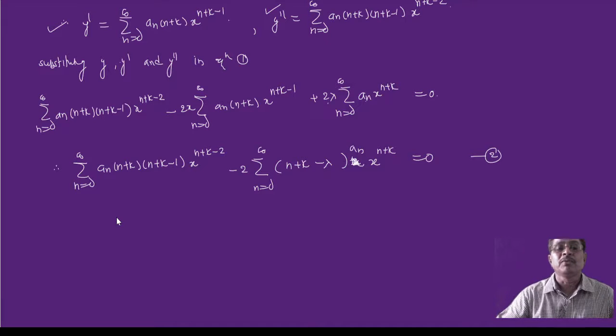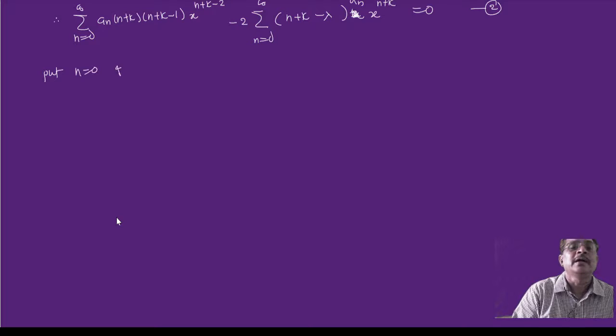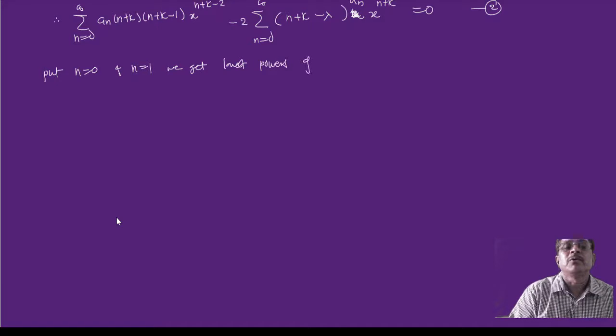Okay. Now from this equation 2 onwards, what we have to do, for the first term, put values of n equal to 0 and 1. So put n equal to 0 and n equal to 1. We get the lowest powers of x, x raised to k minus 2.